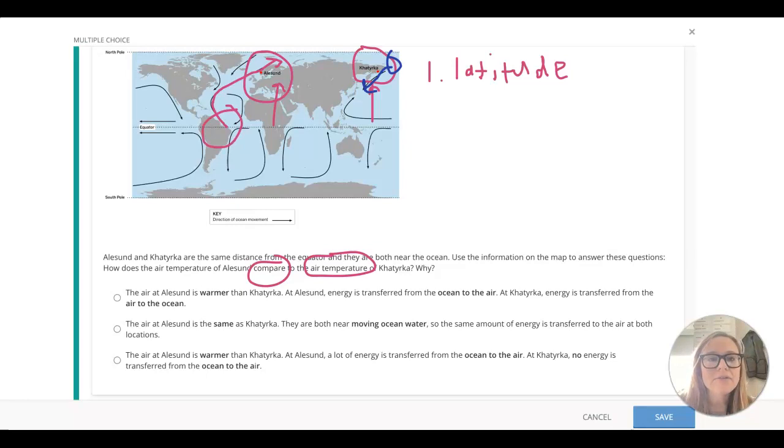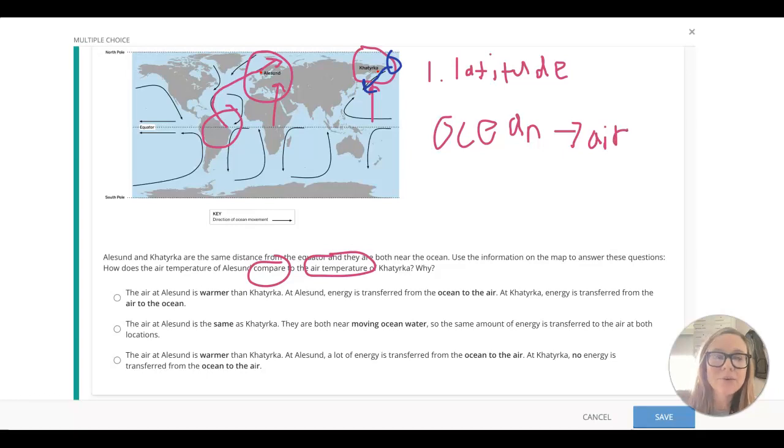So if I have a warm ocean current, that means that the energy from the ocean current or the ocean is transferring to the air. So I have ocean to air at a warm ocean current.